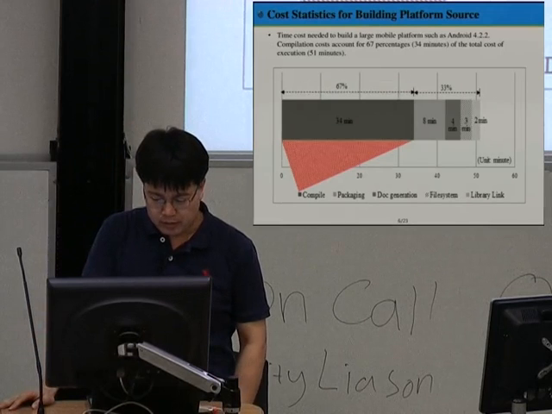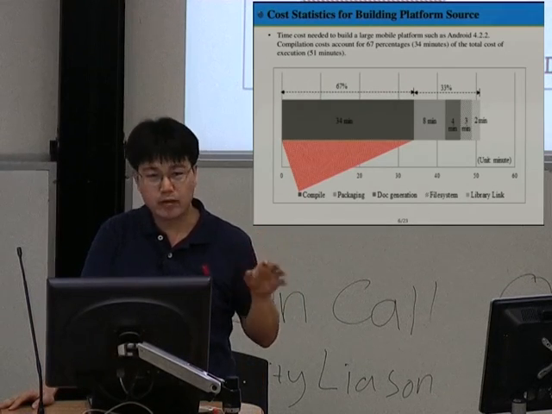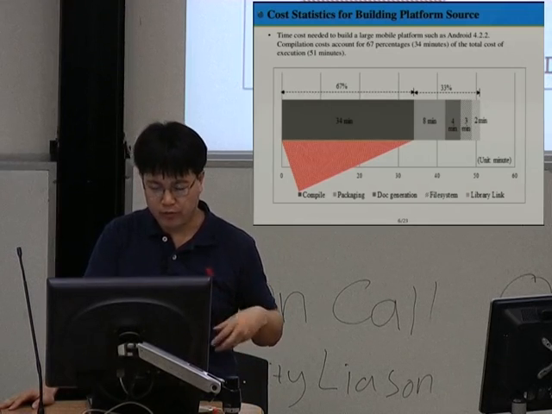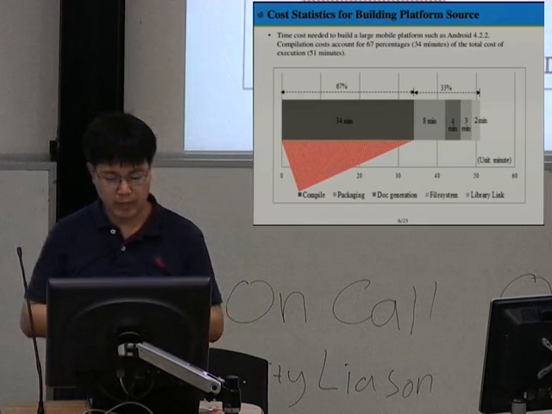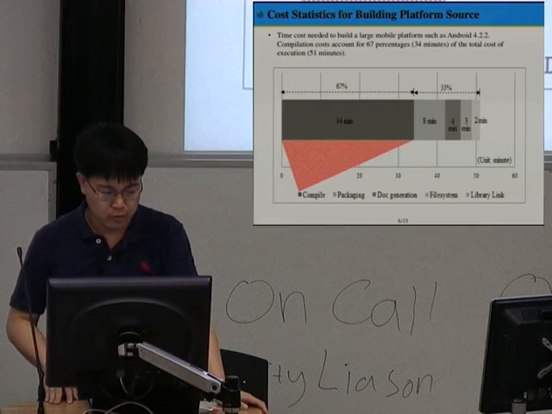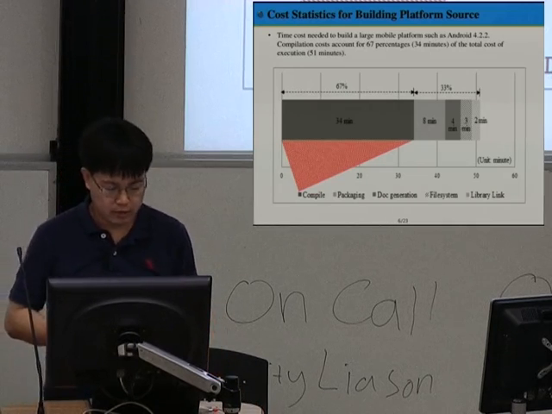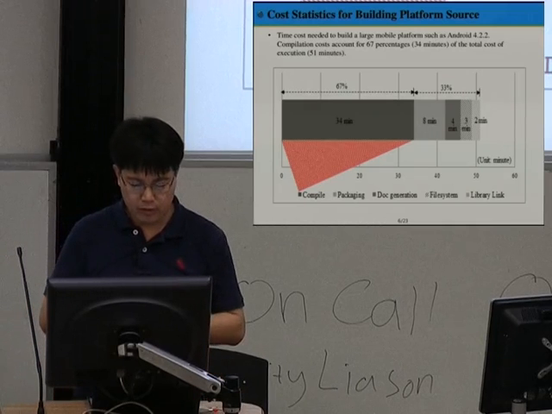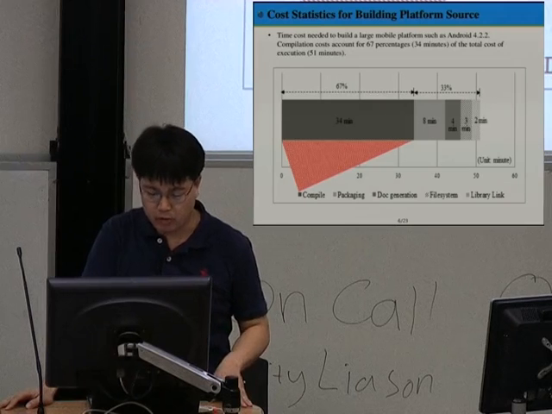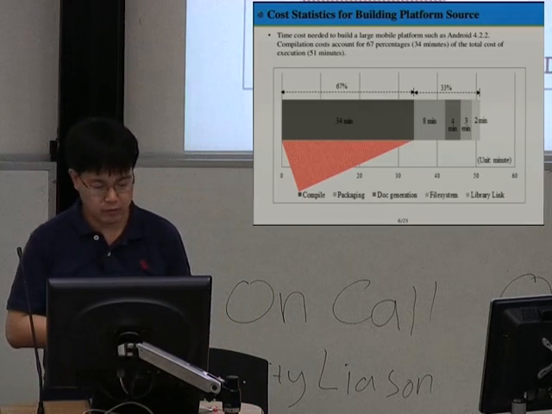And then we analyzed this picture, which shows the breakdown of the compilation cost when we tried to build massive software code like the Android mobile platform. You can see the compilation work accounts for 67% of the total execution cost.